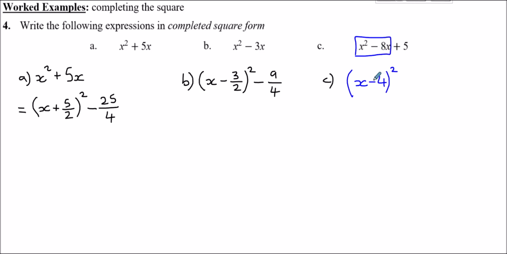Minus 4 all squared is 16, so we minus off 16. Then remember to include this plus 5 at the end. So that becomes x minus 4 all squared, and minus 16 plus 5 becomes overall minus 11.